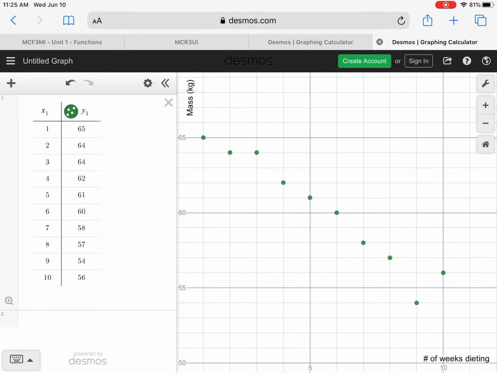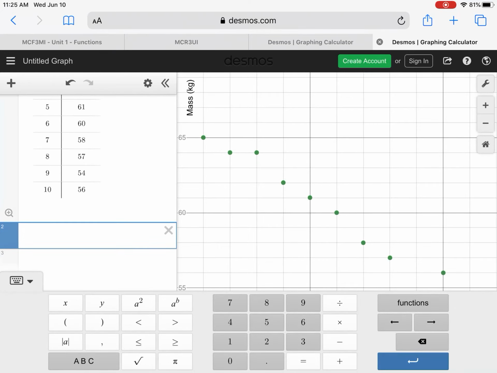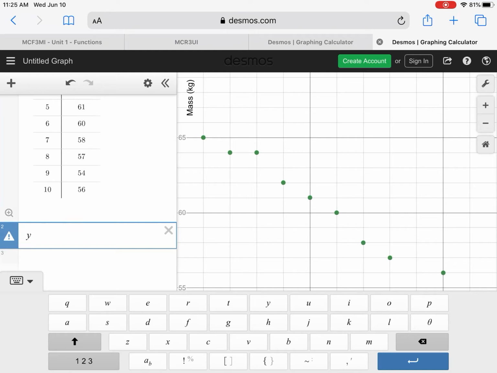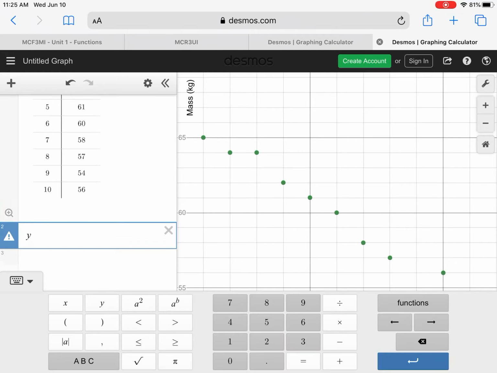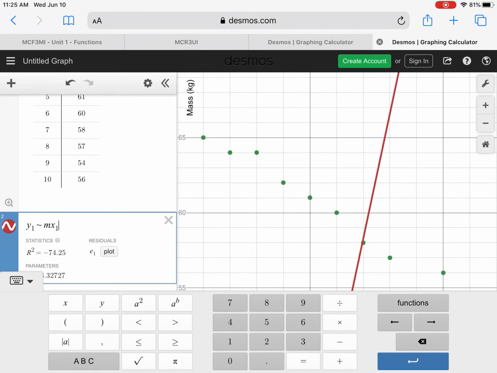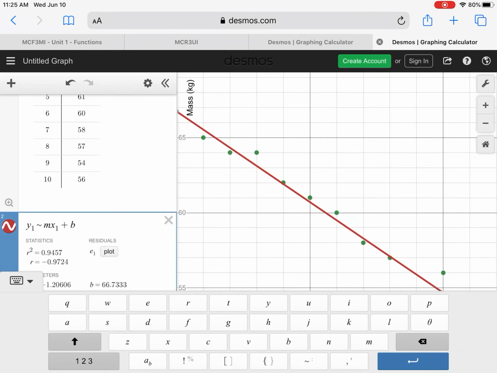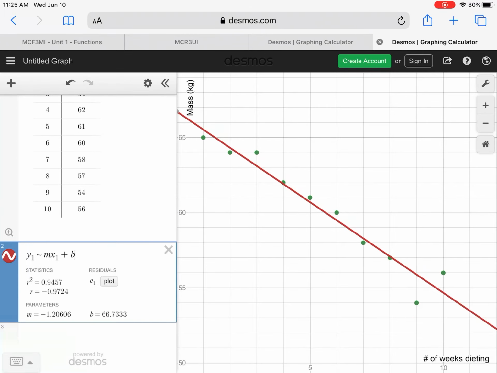So example number 2, this time we're going to look at weeks dieting and mass. Again, we're going to plot these on a scatter plot. I've got my data already on my scatter plot, and I'm going to input y1 is equal to approximately mx1 plus b.